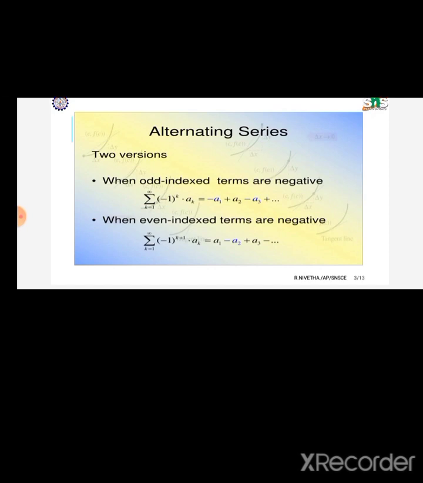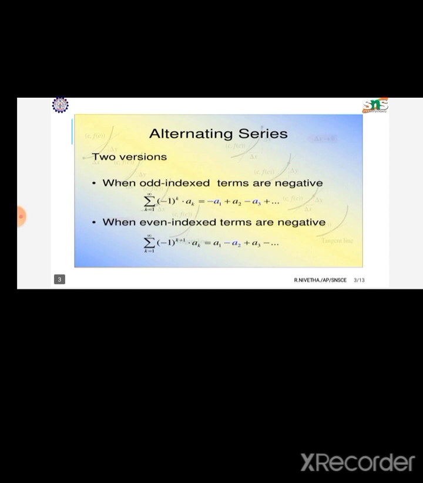In the even case, we get the summation from k equal to 1 to infinity of (-1)^(k+1) a_k, which expands to a1 - a2 + a3 - a4, and so on. The former is said to be negative-indexed, and the latter odd-indexed.